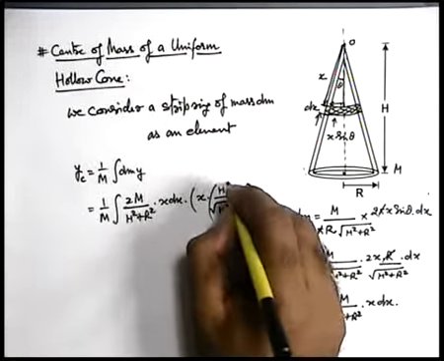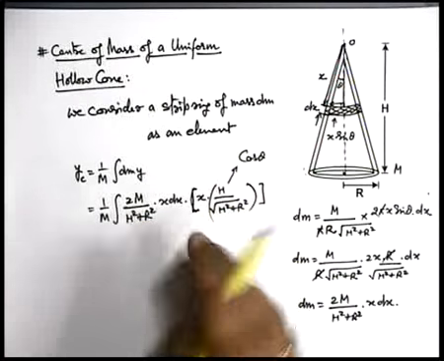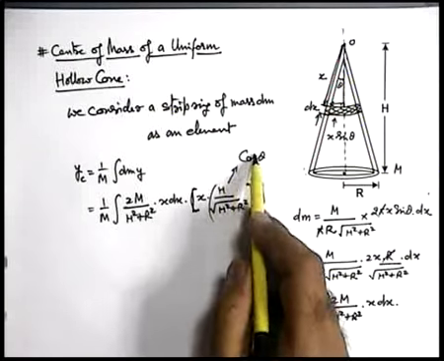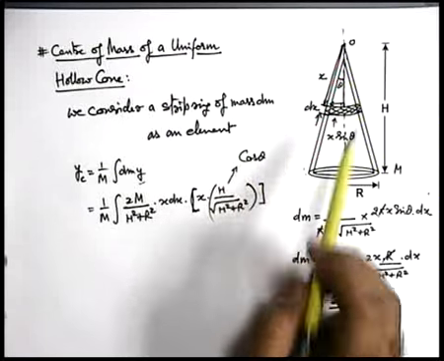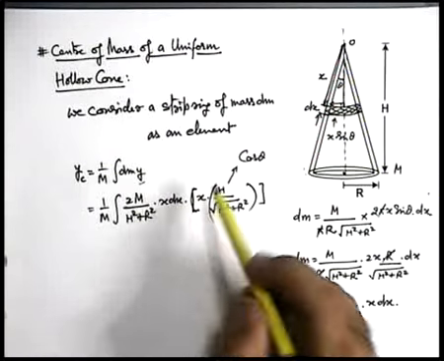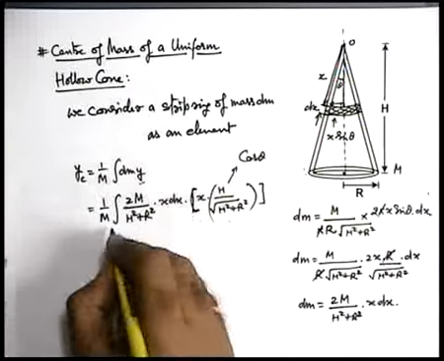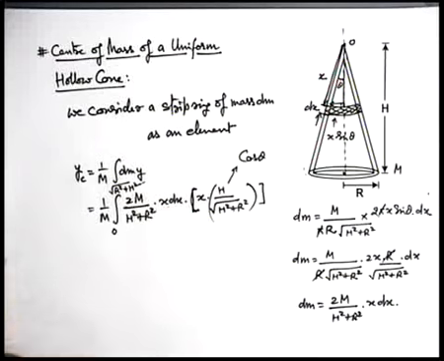You can see this is cos theta. Just for clarity, I have drawn it separately. That this cos theta and the y coordinate is actually x cos theta. And if we substitute the limits of x, so x will be integrated for the whole cone from 0 to root of r square plus h square.